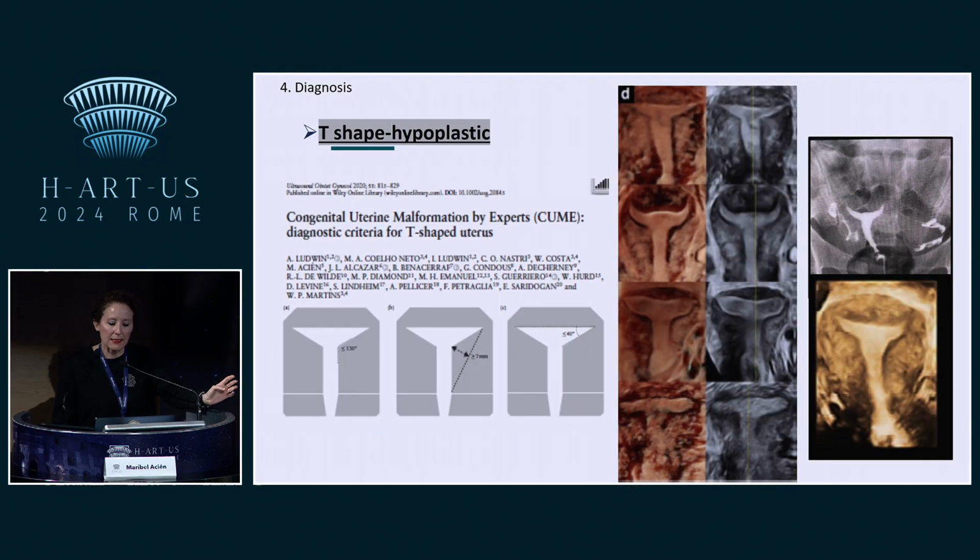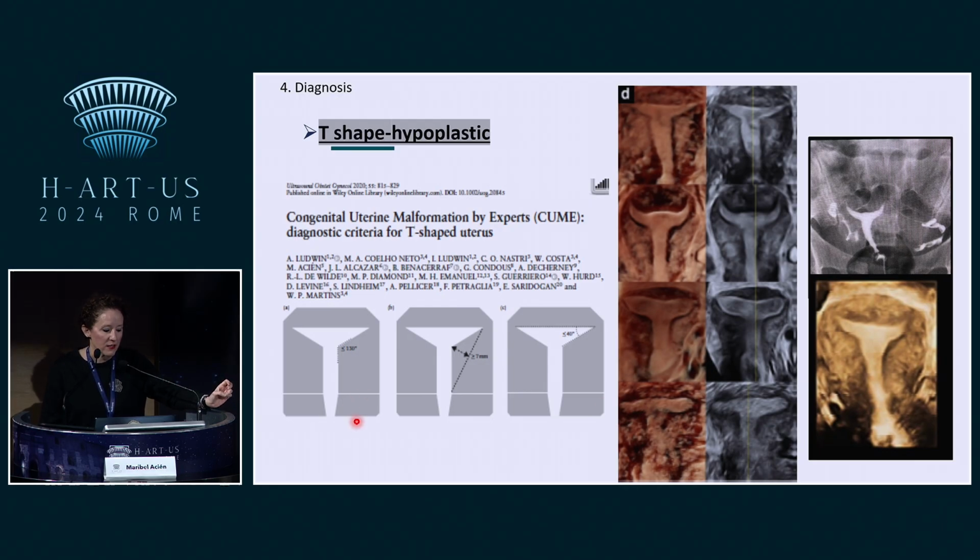The problem is that there are no clear or unanimously accepted 3D ultrasound parameters to define this pathology, although some attempts have been made. So we, as part of the CUME group led by Professor Ludwin, published a proposal which was calculated to have the highest accuracy.